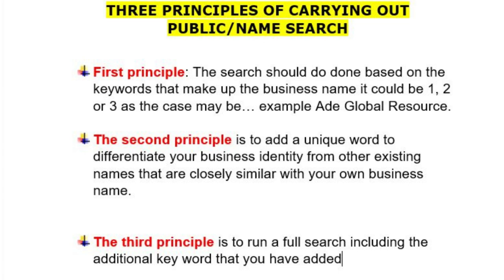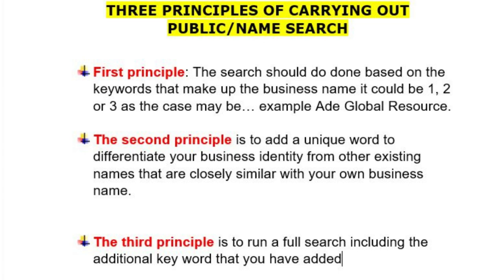Assuming you carry out a public search on the CAC portal on Ade Global Resource and you see an existing name that is Ade Global Resource, all you have to do is add an additional unique word to it so that you can differentiate yours from other existing business names. So if I'm in your shoes, or if I'm the one carrying out this registration on Ade Global Resource, all I have to do is add an additional unique word by saying Ade Global Resource Exclusive or Premium Ventures.